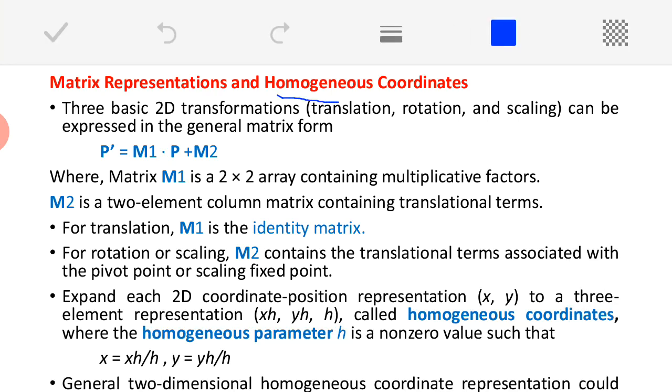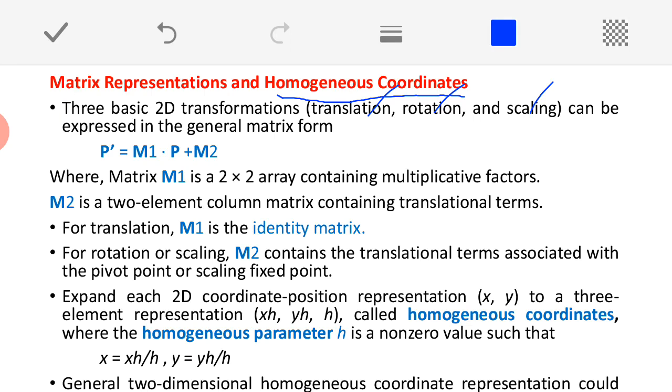The very first question that comes to mind is, what is the necessity of homogeneous coordinates for our transformations, whether translation, rotation or scaling? Normally, while doing translation, we perform addition; it is an addition arithmetic operation.